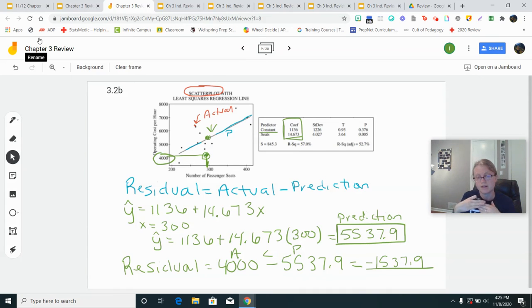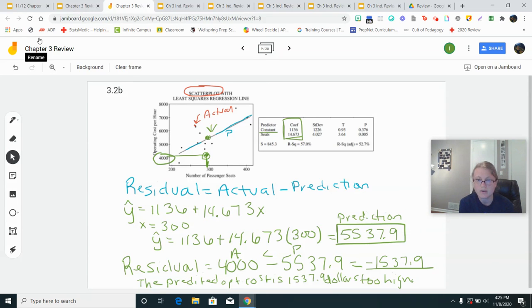Since the line is above the actual point, we would say the predicted operating cost is 1537.9 dollars too high. So you're always interpreting the residual based on what the predicted line did.